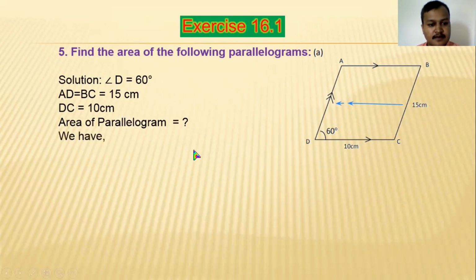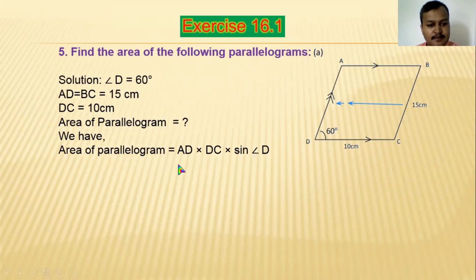That is given. Area of parallelogram is what? That is asked to us, and we know that area of parallelogram is the product of two sides, AD into DC into sine of angle D. So put all values: AD is 15, DC is 10, and angle D is 60 degree.